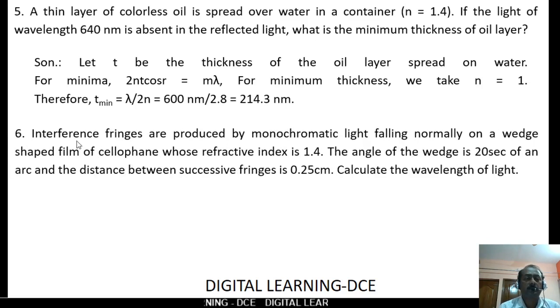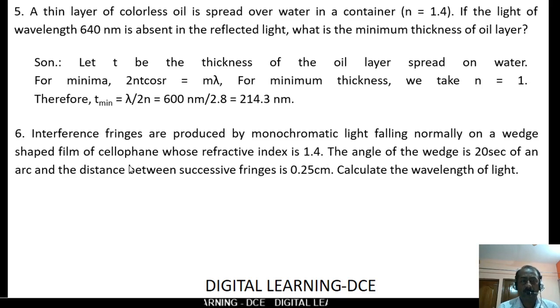Next one is: interference fringes are produced by monochromatic light falling normally on a wedge-shaped film of cellophane whose refractive index is 1.4.